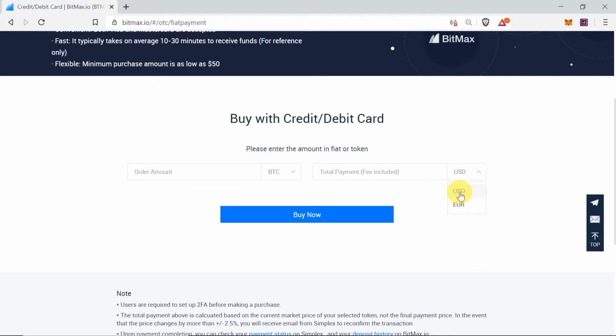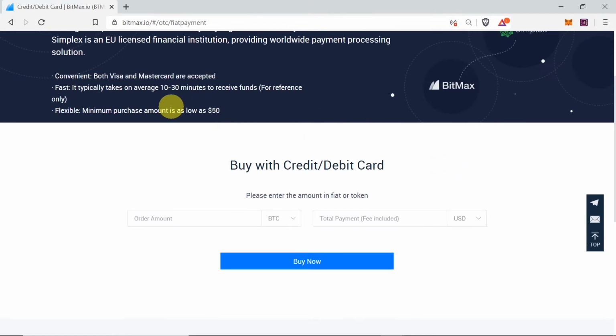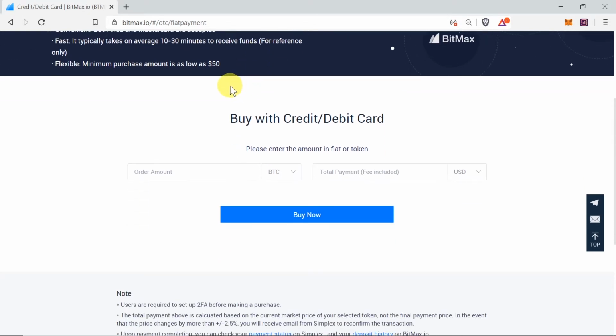Depends where you are. If you're in the European Union, it would be euro. If you're anywhere else, you should probably buy with dollars. It works with both Visa and MasterCard, and typically takes 10 to 30 minutes before money is credited to your BitMax account. You need to remember that the minimum purchase is $50.